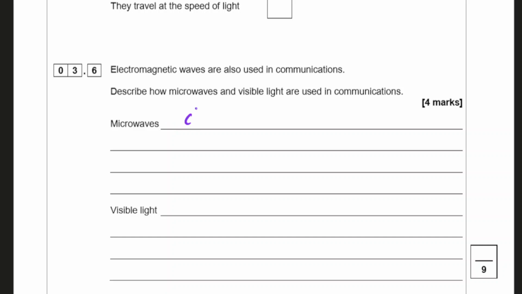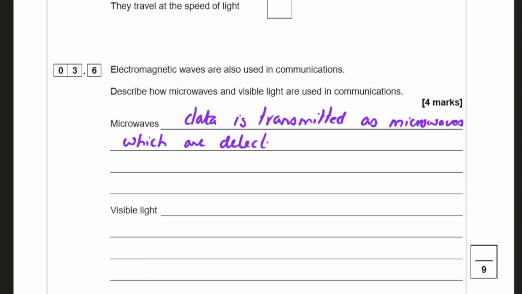So, data is transmitted as microwaves which are detected by mobile phones.